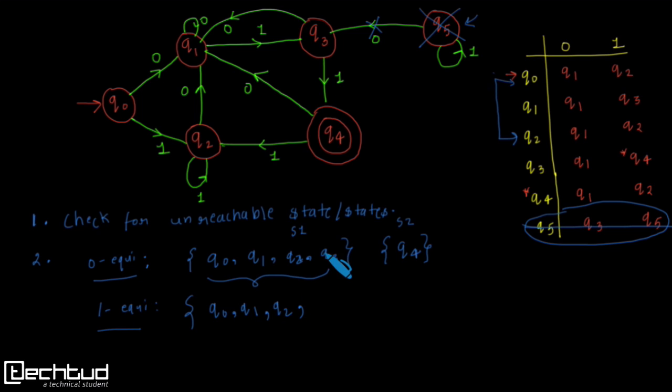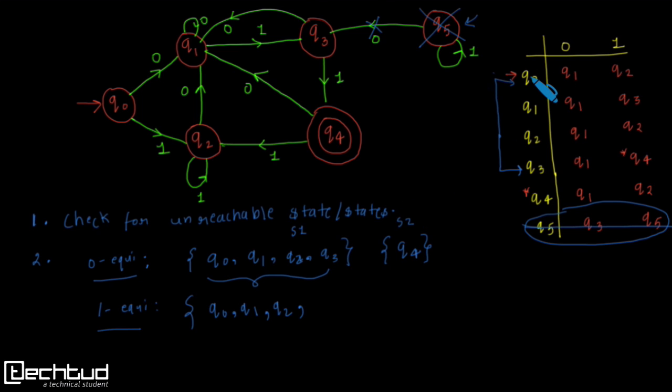Now we will check for Q3. Q0 on input symbol 0 is going to Q1, which is in set 1, fine. Q3 on input symbol 0 is going to Q1, which is also in set 1, fine. Now we will check for the other input symbol. Q0 on input symbol 1 is going to Q2, which is in set 1, fine. Q3 on input symbol 1 is going to Q4, which is in set 2.